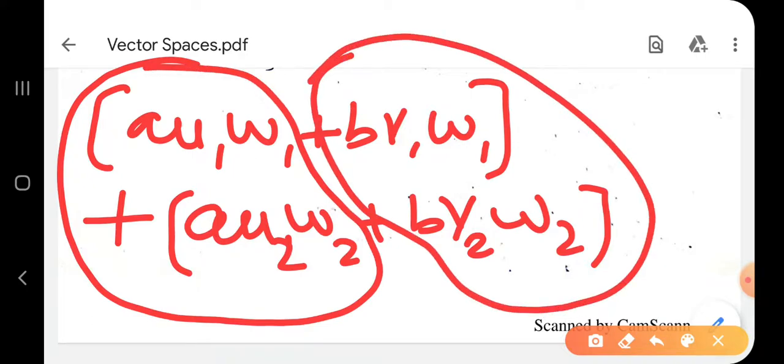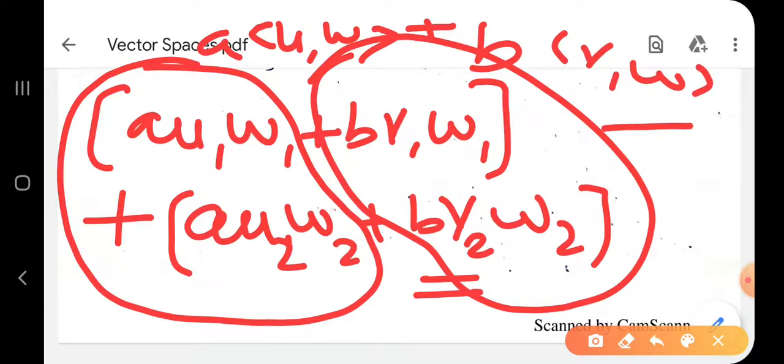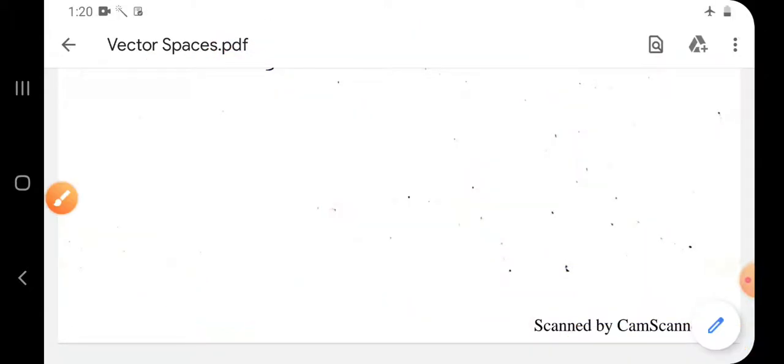From the first two, a is common, so a into the inner product of u and w, plus, from the other two, b is common, b into the inner product of v and w. Understood? So the given defined inner product is an inner product, and the given space is an inner product space. So we stop here.